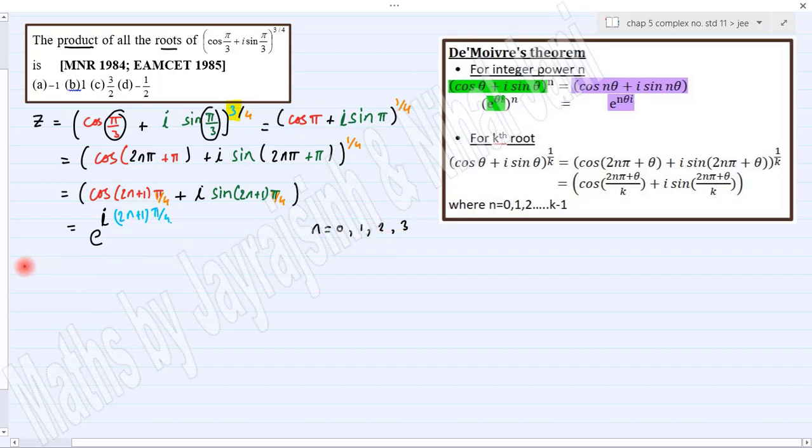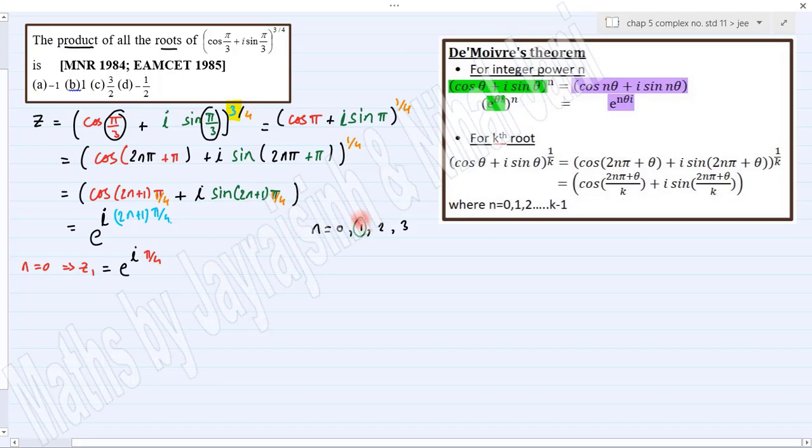Now let's find out all the roots. For n equal to 0, your first root must be e raised to i times (0 plus 1) into pi by 4, or we can say pi by 4.